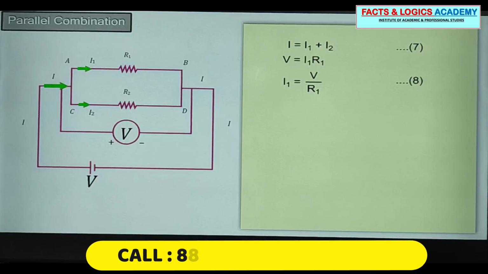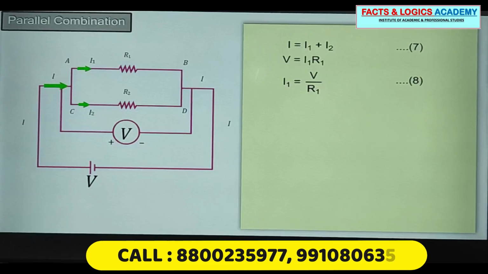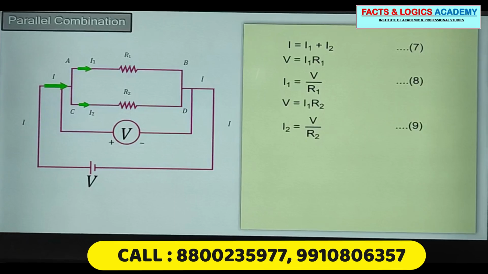Let us label this as equation 8. Voltage V applied across the two resistors is the same as they are connected parallel to the same battery. Therefore, we can write V is equal to I2 R2 and I2 is equal to V by R2. Let us label this as equation 9.